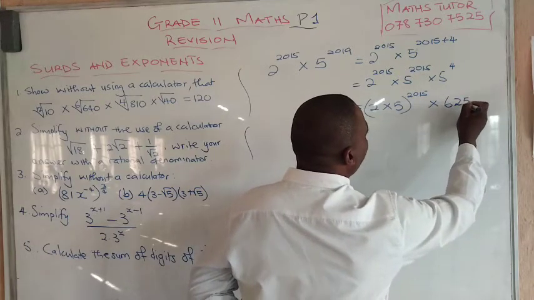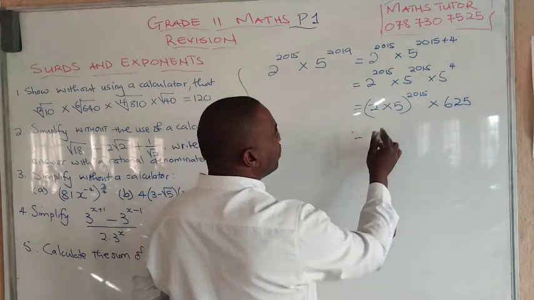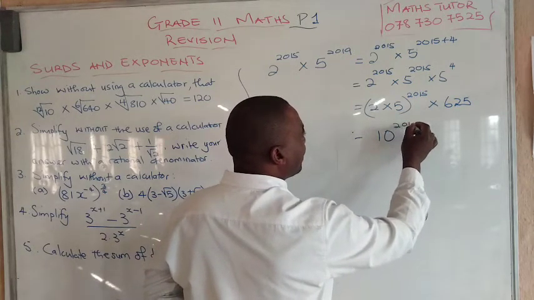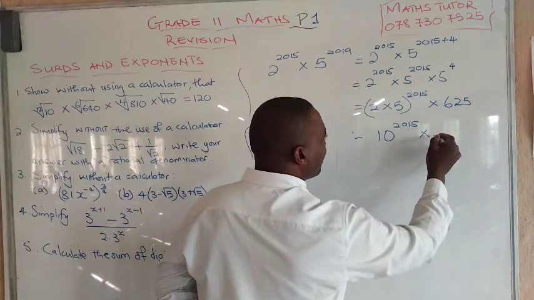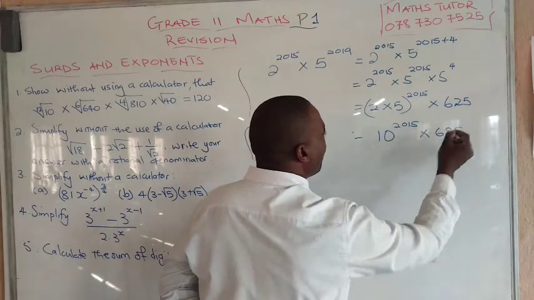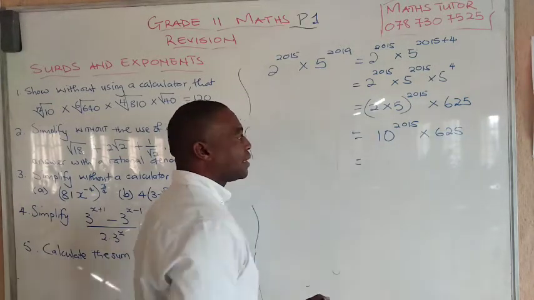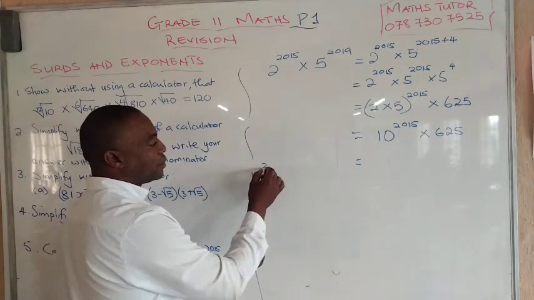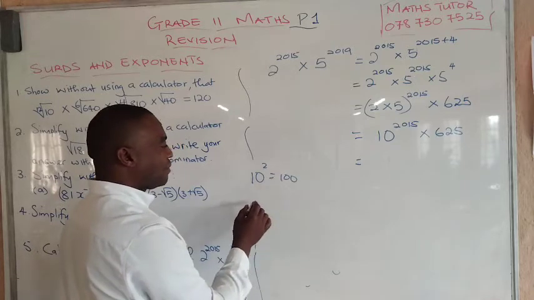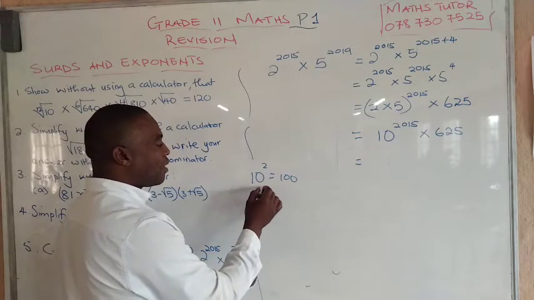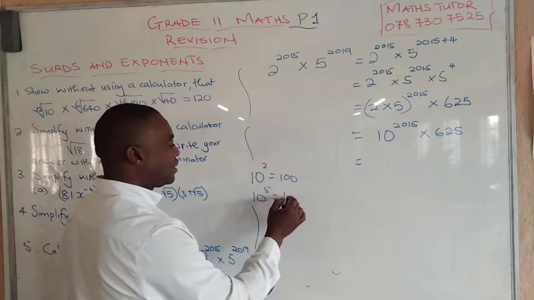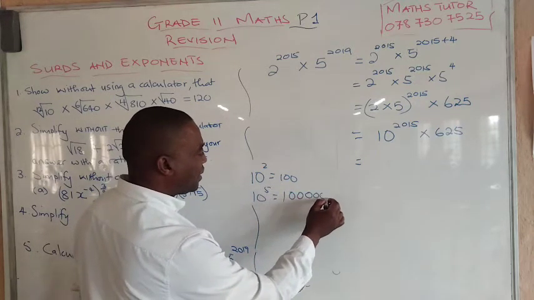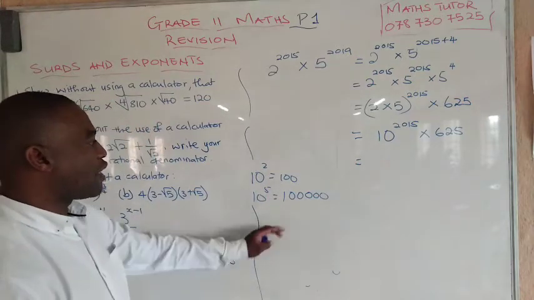That is 625. Now this will be 10 to the power 2015 times 625. Now we understand that 10 to the power 2 is 100, and 10 to the power 5 is 100,000, the 5 zeros.